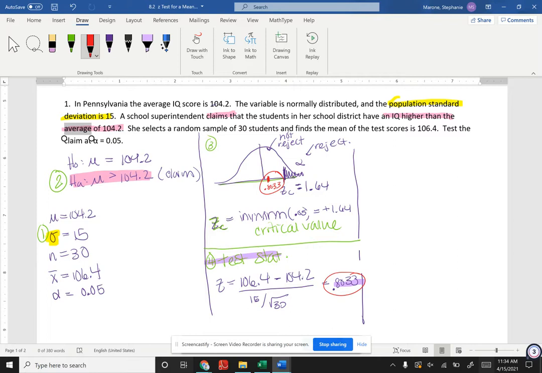It doesn't matter where exactly you put it on the number line, just as long as you know it's to the left of the rejection region. You don't even have to have that mean marked. It's in the not shaded region, which is the non-rejection region. So this is my fifth step.